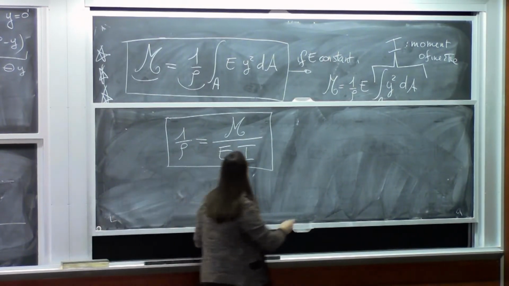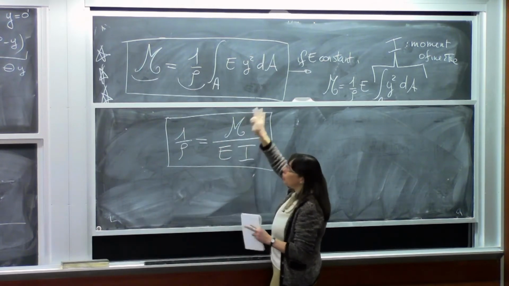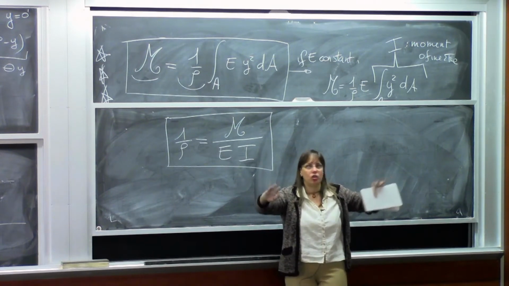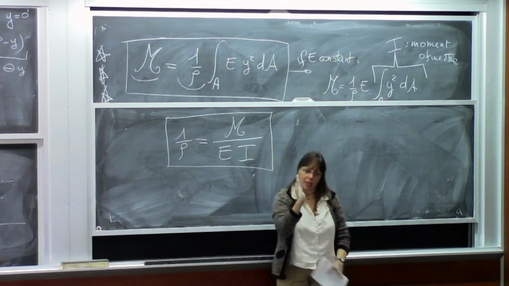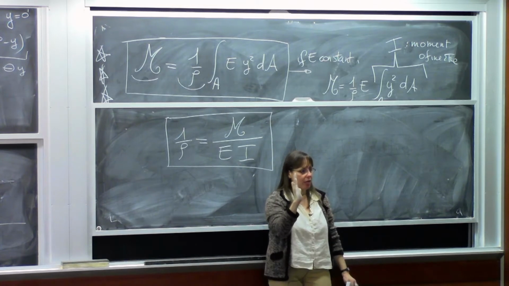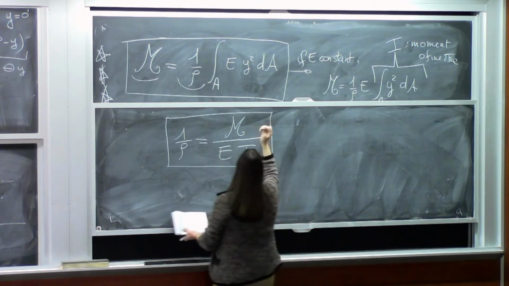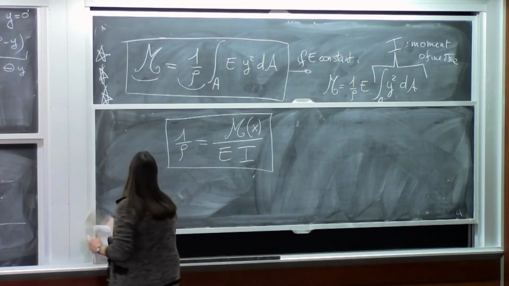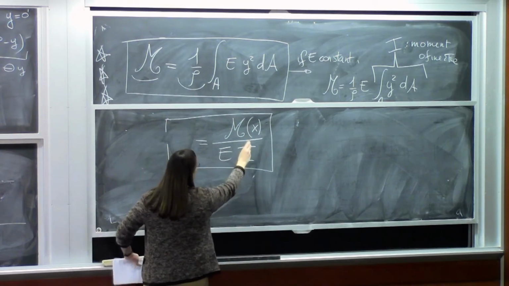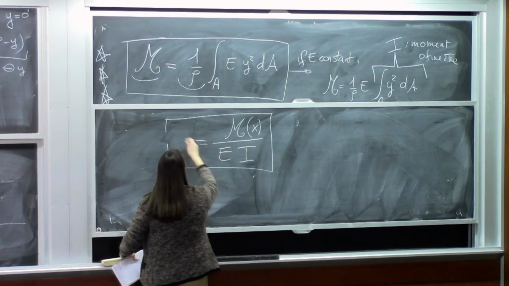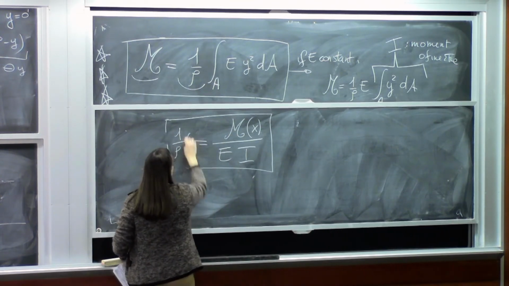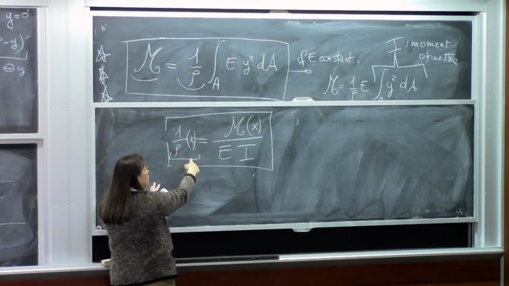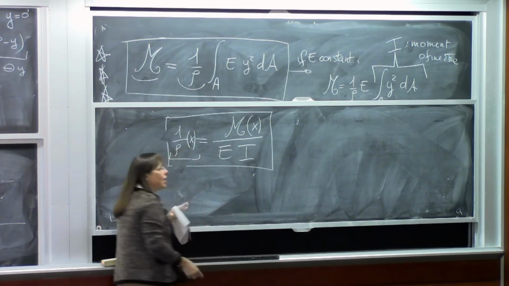And one thing that I can tell you is that although everything that we did today was thinking that we had a beam at constant curvature, when we derived this relationship, at the point we were looking at one section, right? So this relationship here, if I have a moment which is a function of x, then they still work. Like a homogeneous beam in which I have a moment that's a function of x, I have at position x a curvature which is M of x divided by EI.